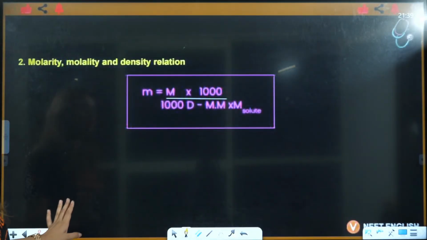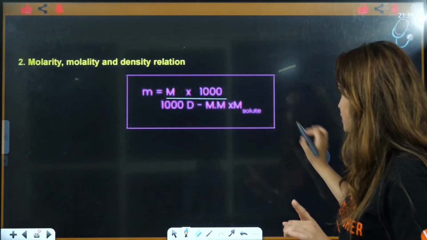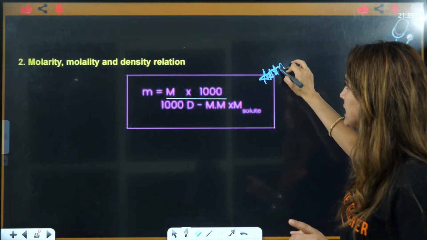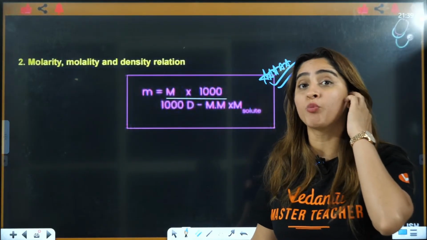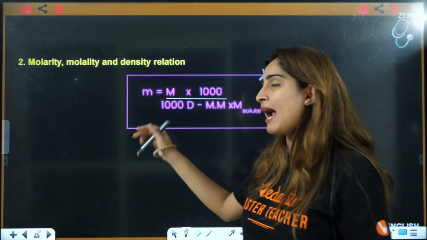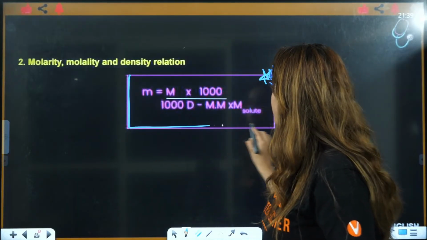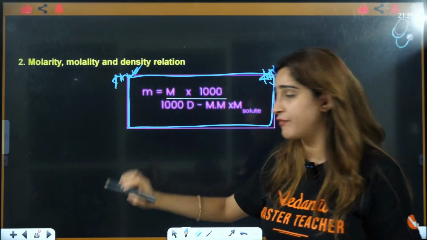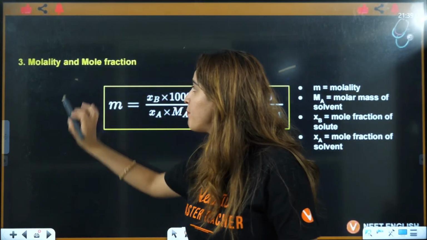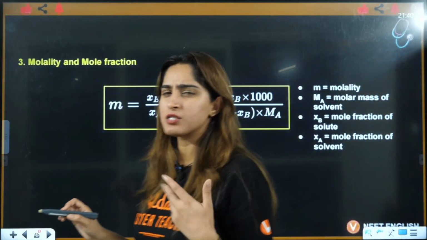Now, this is an important relation. I would advise you to learn it, because sometimes they give you molarity and ask you molality directly, and that is very complicated if you don't have the formula. So learn the formula directly and solve it as given. The molality and mole fraction relation is totally your choice.